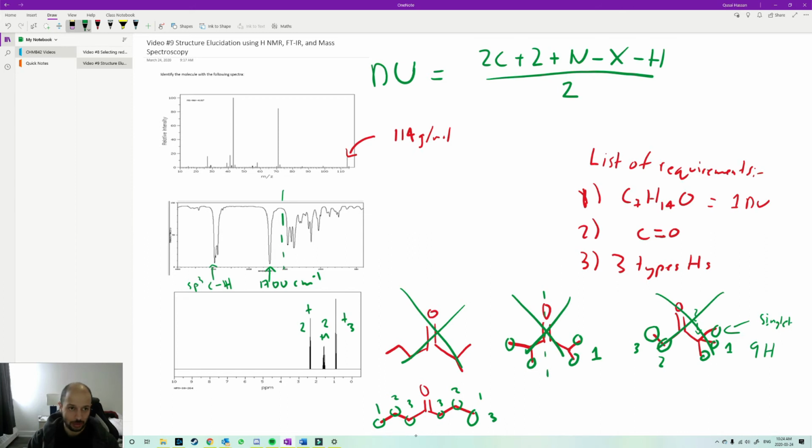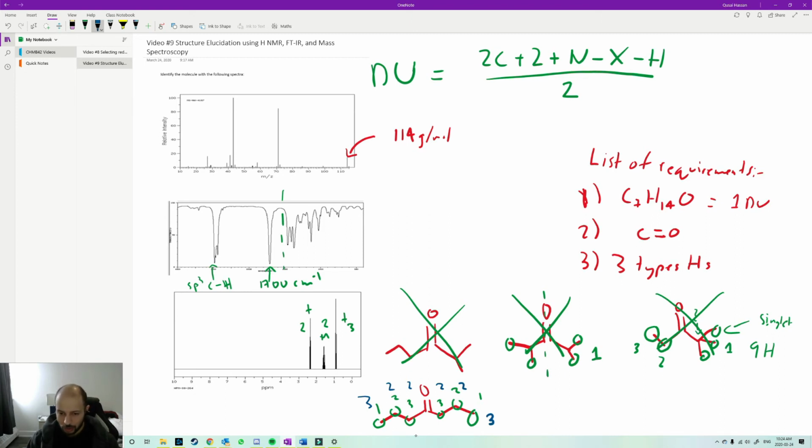I'm going to do that in a different color just so that it's not confusing to everybody. I'm going to do that in, oops, I'm going to do that in blue. How about that? So this one has 3 hydrogens, this one has 2 hydrogens, this one has 2 hydrogens, right? 3, 2, 2. Well, okay, that works with my ratio. Let me look at the splitting pattern.